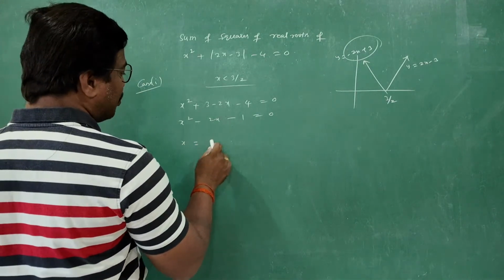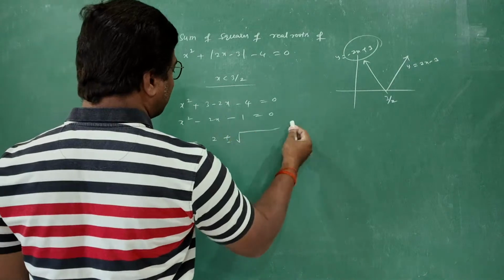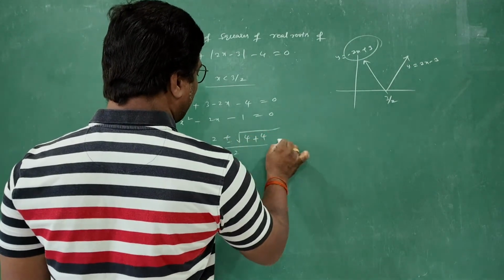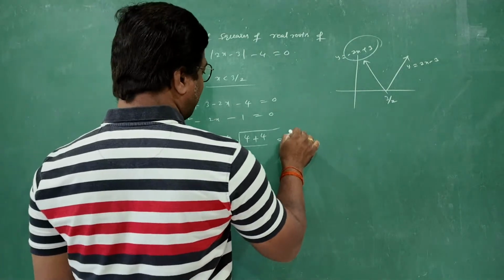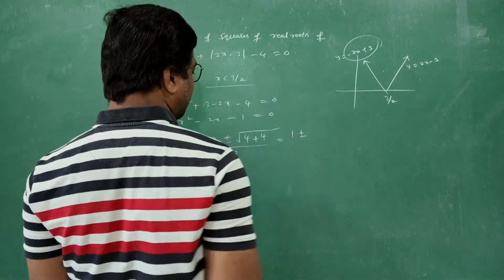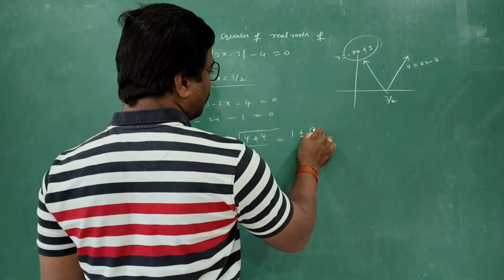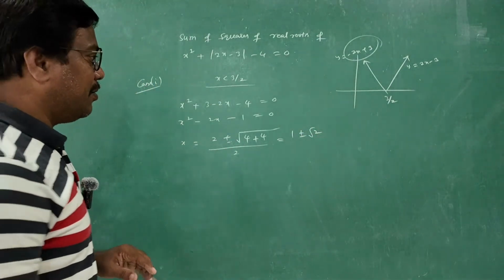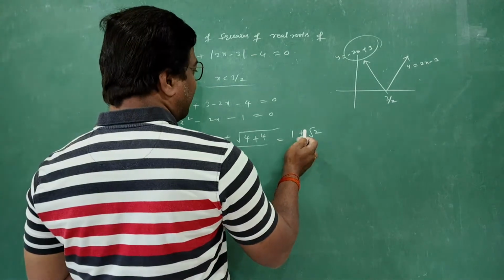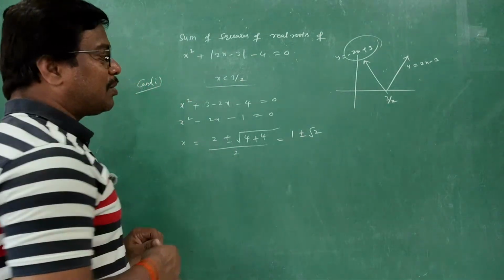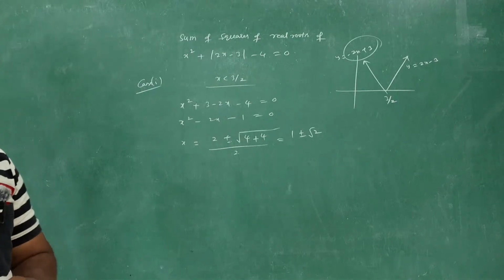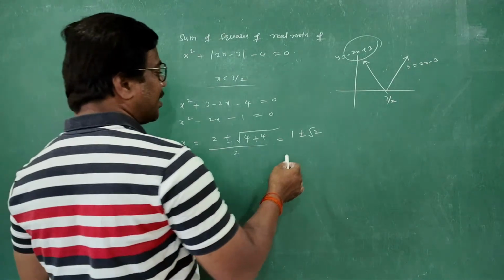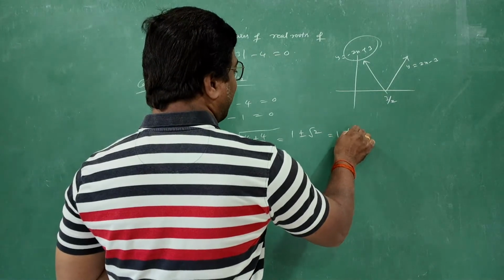Factorization using the formula minus b plus or minus root over b square minus 4ac by 2a gives the result 1 plus or minus root 2. Due to x value less than 3 by 2, 1 minus root 2 and 1 plus root 2 you have. Root 2 plus 1 value is more than 3 by 2, so neglect that. Only write 1 minus root 2.